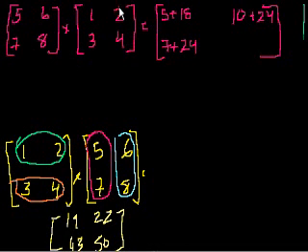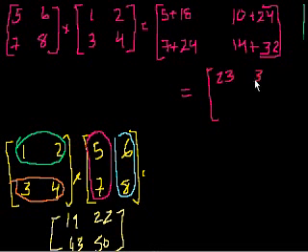So it's 7 times 2, which is 14, plus 8 times 4, which is 32. So this is equal to 5 plus 18, which is 23, 34. What's 7 plus 24? That's 31, 46.